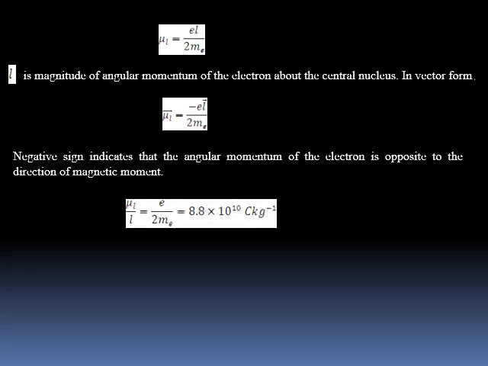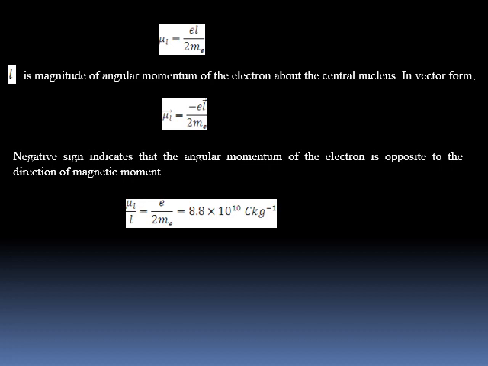Now, if I take the ratio of magnetic moment and angular momentum, I will get mu L divided by L is equal to E by 2me. If I substitute the value of E, which is nothing but the charge of an electron, 1.6 into 10 power minus 19, divided by 2me, where me is the mass of electron, 9 into 10 power minus 31.